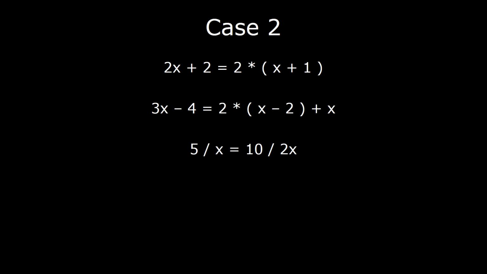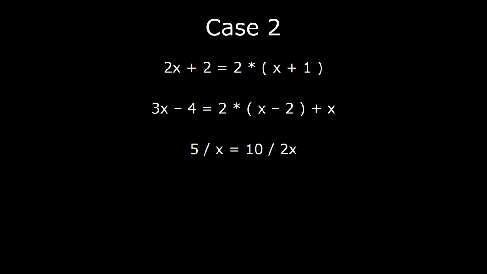Let me give you another example. 3x minus 4 equals 2 into left bracket x minus 2 right bracket plus x. Now, we don't like brackets, so we get rid of them by applying the distributive property of multiplication on the RHS of this equation.